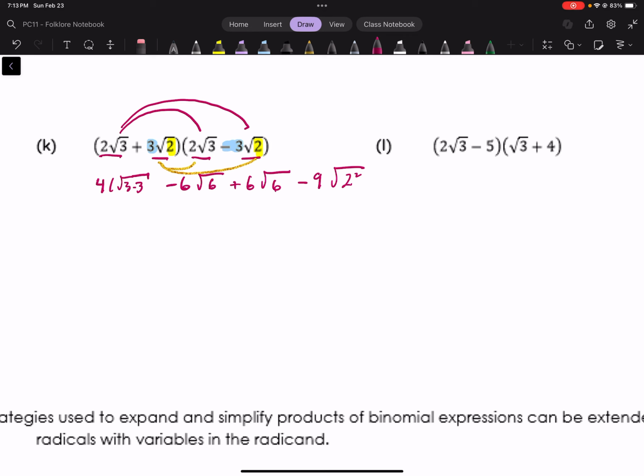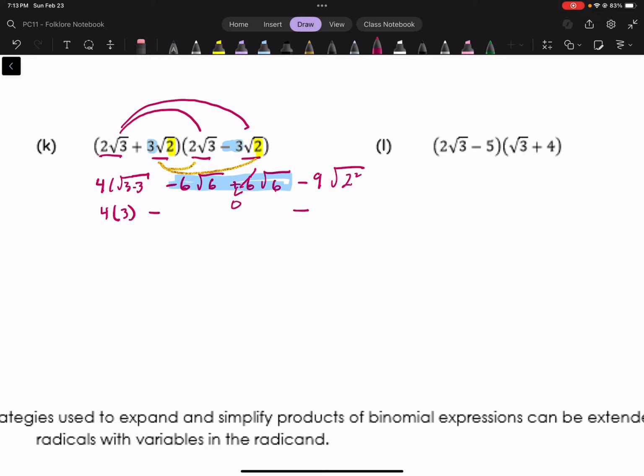What is really interesting is when we multiply conjugates, and we'll see a lot of this later, this middle term actually cancels out. But let's get on to this first term. So this is 4, root of 3 times 3 is just 3. Now this blue, what I've highlighted in blue, negative 6 root 6 plus 6 root 6, this just adds to 0.